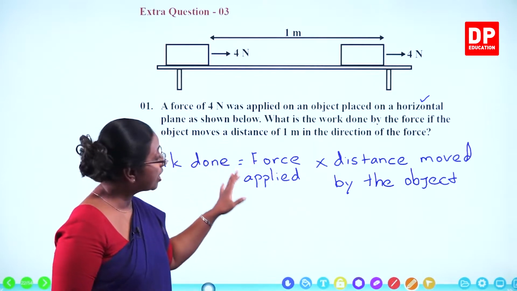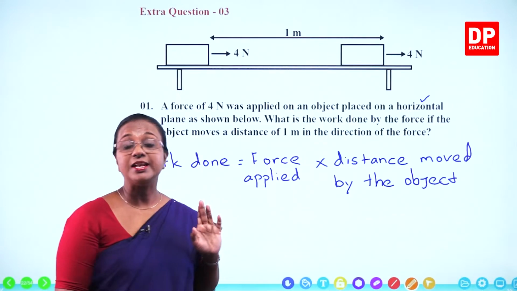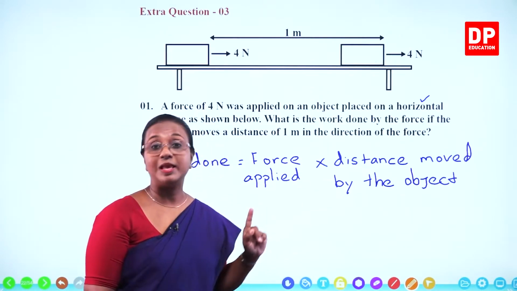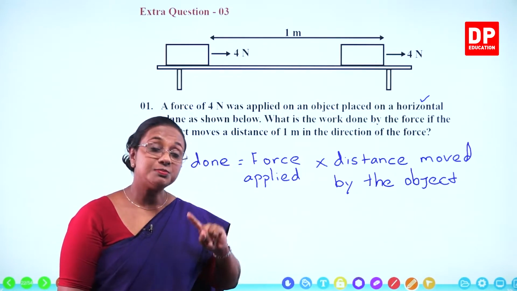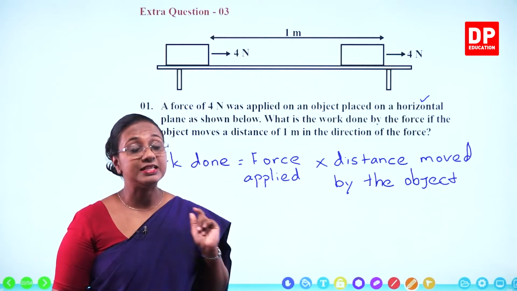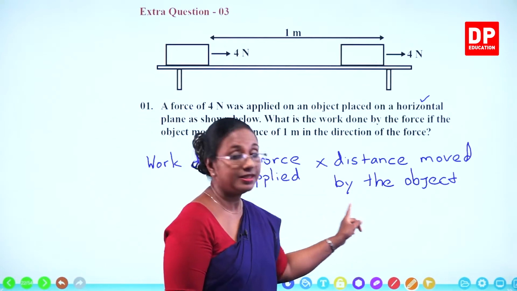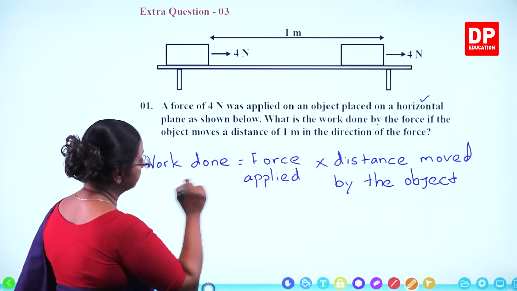But here, since we are going to do the calculation, if you write it in a short form, that is more than enough. You can even write it as force into displacement, because you all know displacement has a direction. This particular displacement takes place in the direction of the applied force, so you can write it as displacement here. So work done, force into distance moved.